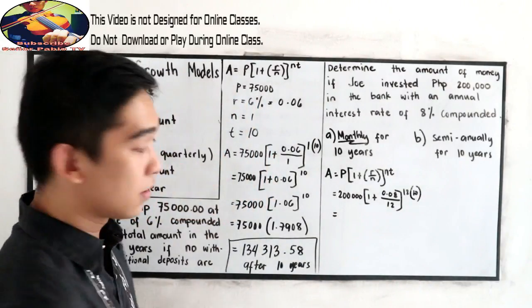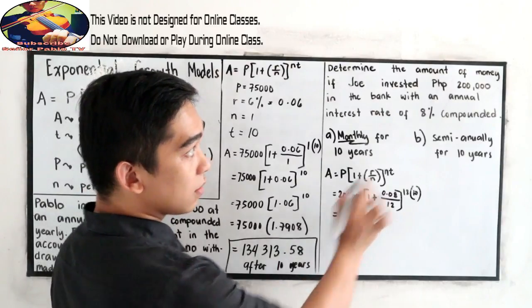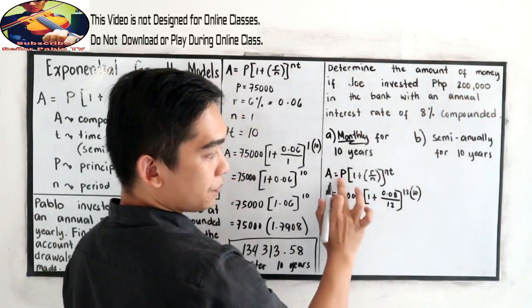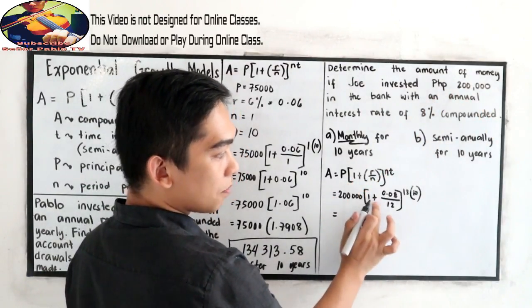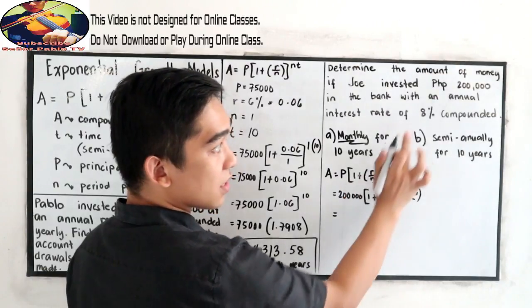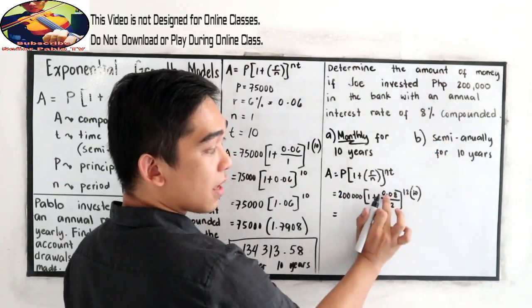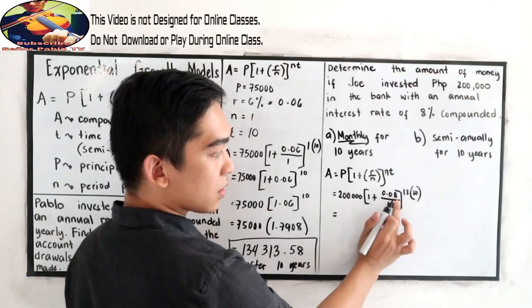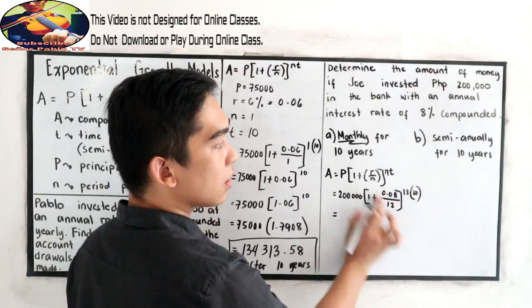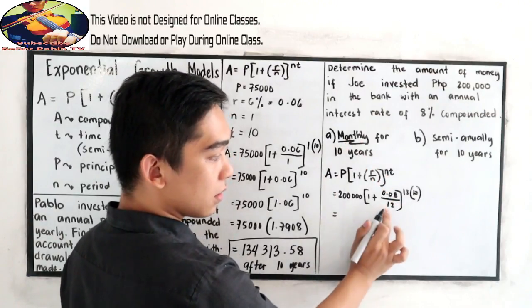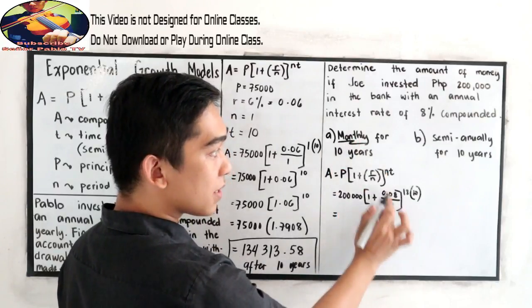Again, let us repeat. 200,000, that is our principal amount. Copy 1 plus our rate is 8%. In decimal, that is 0.08. Over our N, monthly. So we have 12 months in a year.